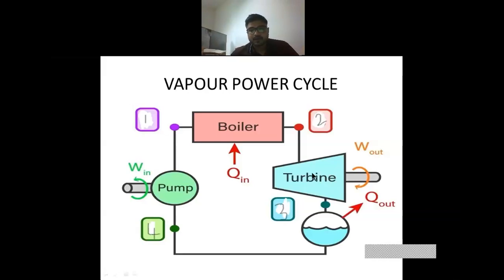Now how can we rotate the turbine? For that, we continuously have to supply pressurized steam to the turbine. Then it starts rotating and continues rotating. Clear? So here a continuous flow of high pressure steam is needed.